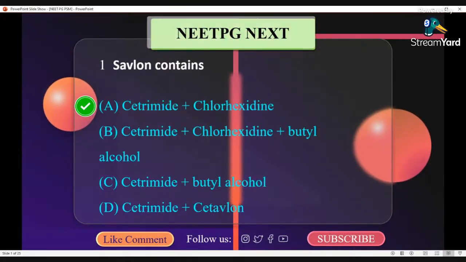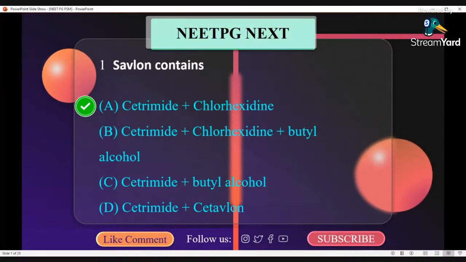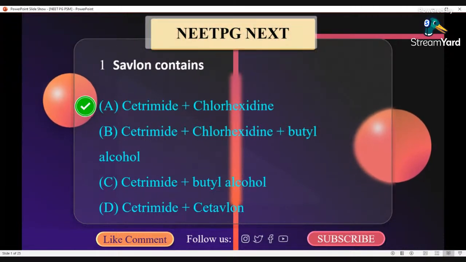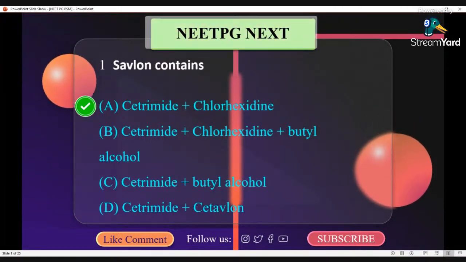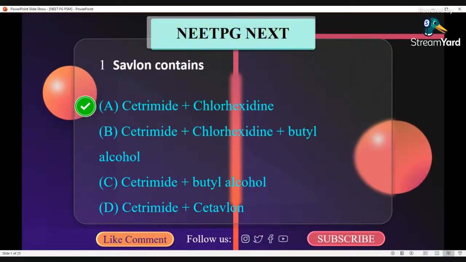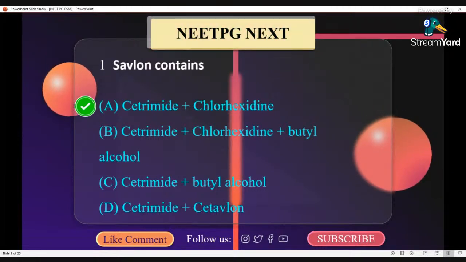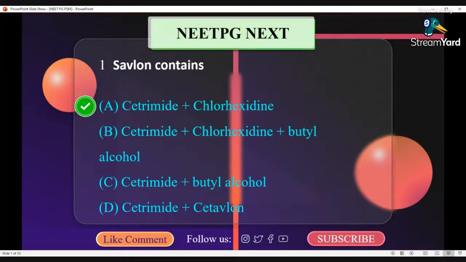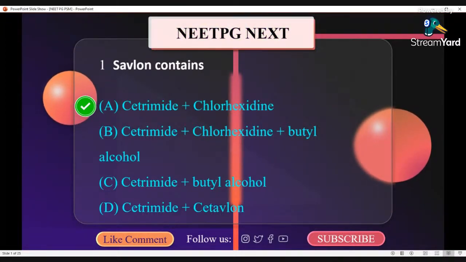Available chlorine is 0.5%. Then Eusol is a solution of chlorinated lime 1.25% plus boric acid 1.25% and 0.4% available chlorine. The Dakin's solution and Eusol dissolve pus and necrotic tissue in addition to being germicidal. So it is useful in cleaning the infected wound. So the correct option here is cetrimide plus chlorhexidine.